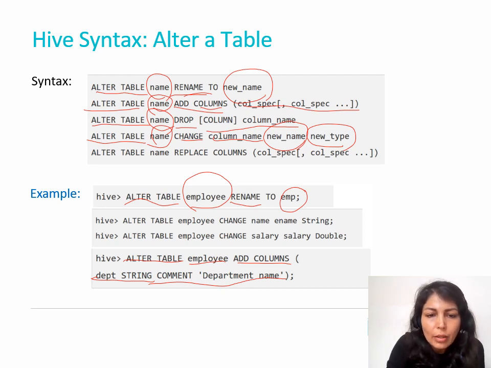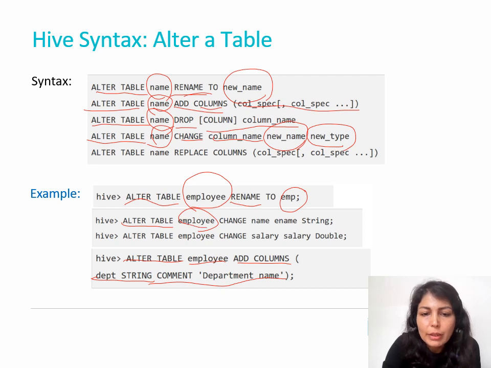Like here, alter table employee, the name of my table, change. Okay, do you remember we had a column with the name of name, the name of employees. I'm going to change this name to ename, and I keep the type as before, a string.